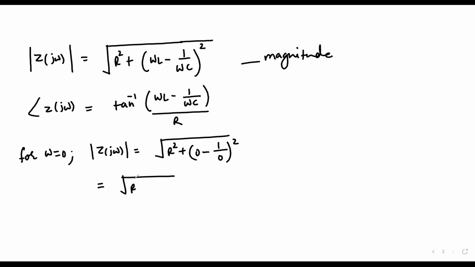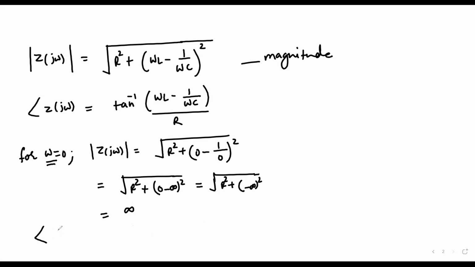It would be R square plus 0 minus infinity whole square, which is R square plus minus infinity whole square, so it is infinity. So for omega equal to 0, this value is infinity.